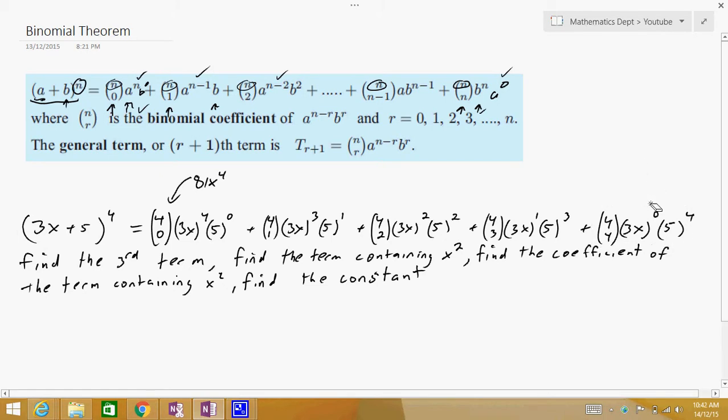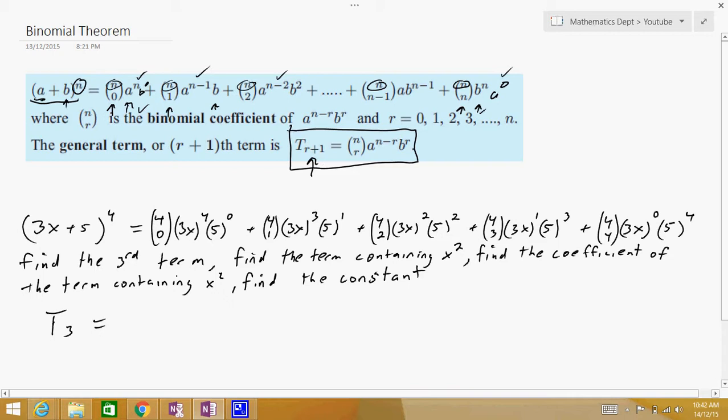So if you were answering these kinds of questions, let's just look at each one. Find the third term. So the third term, we've got this lovely little formula here. If you want the third term, you make that a 3, and that tells you that your r value is going to be 2.